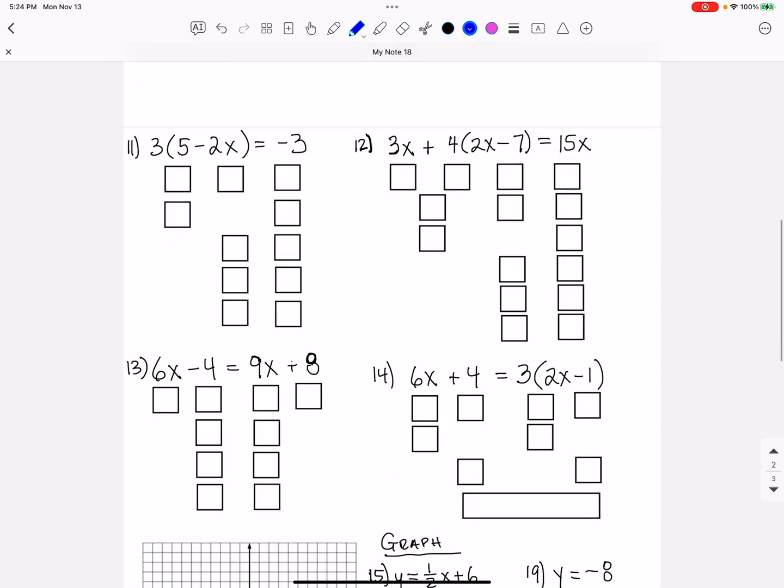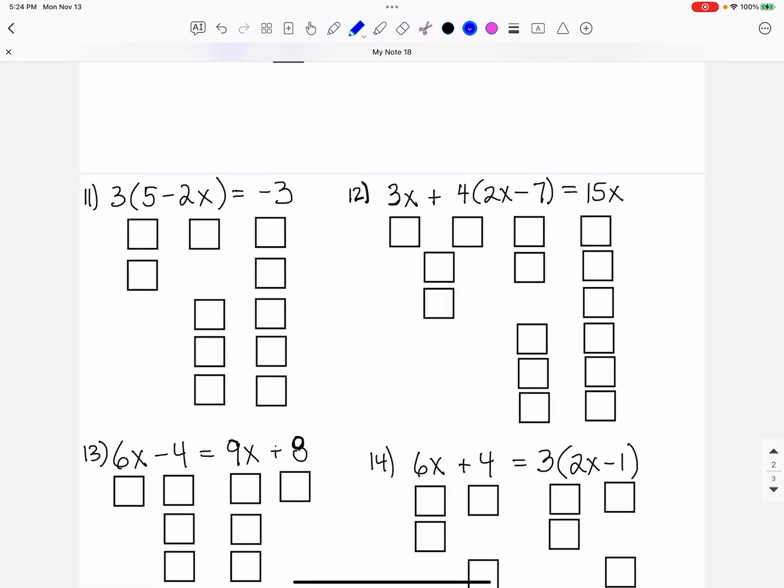Number 11. Let's see. I've got my Starbucks order. 3 times 5 is 15. 3 times -2x is -6x equals -3. If I make my teams, number team, the equals is right there.